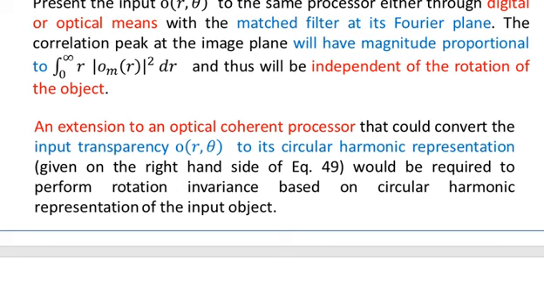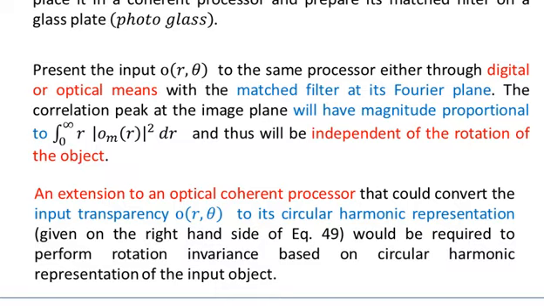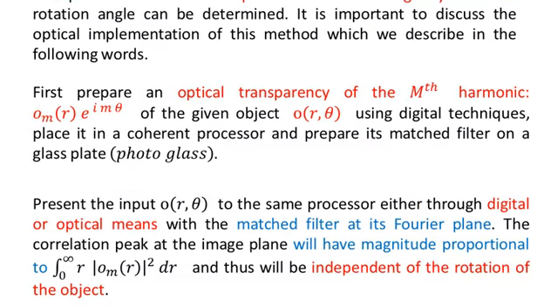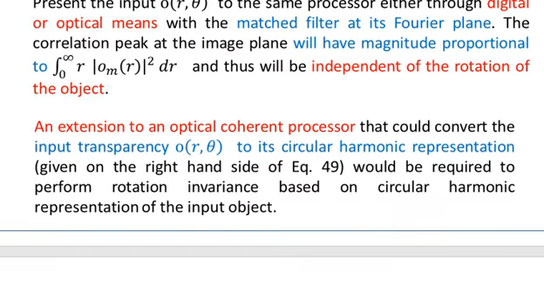So it means that we need an extension to the optical coherent processor, because we want to convert the object O to its harmonic form, to its mth harmonic, using optical means.